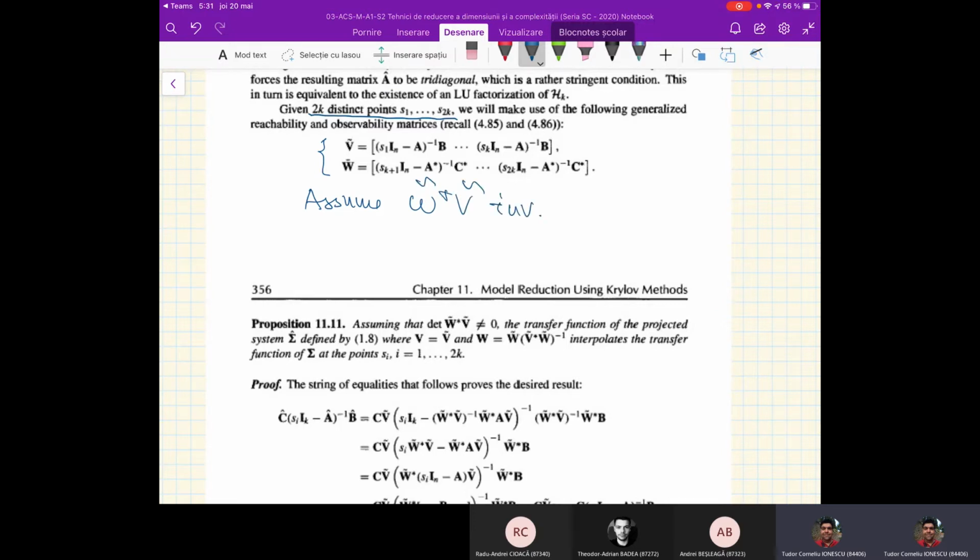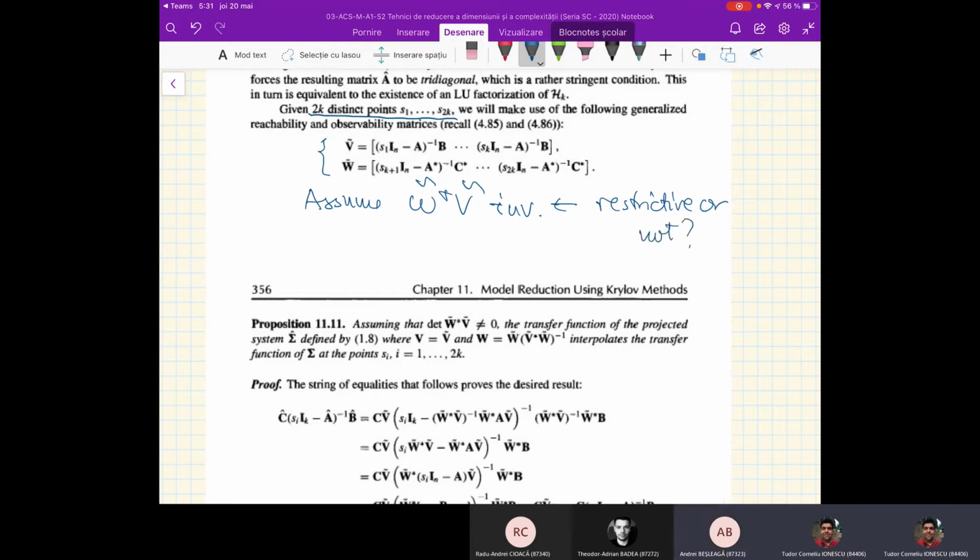This is not very restrictive. Why is it not restrictive? Can you tell me? Note that W tilde and V tilde are matrices constructed by ourselves. So is this restrictive or not?